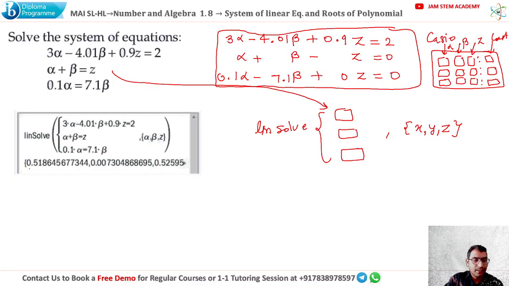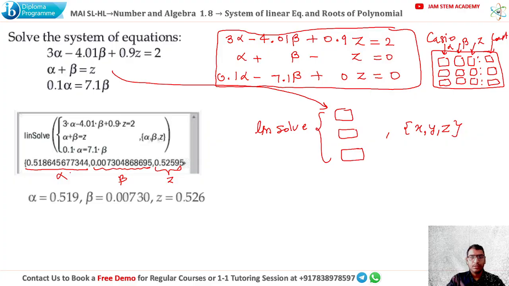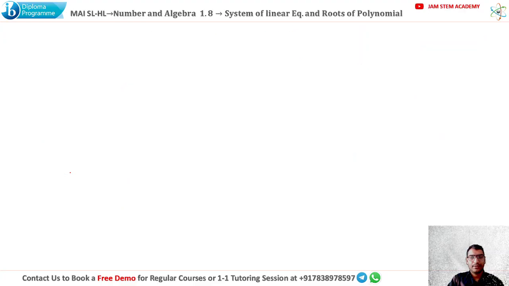So these are the values of alpha, this is for beta, and this is for z. Also write the answer correct up to three significant figures.